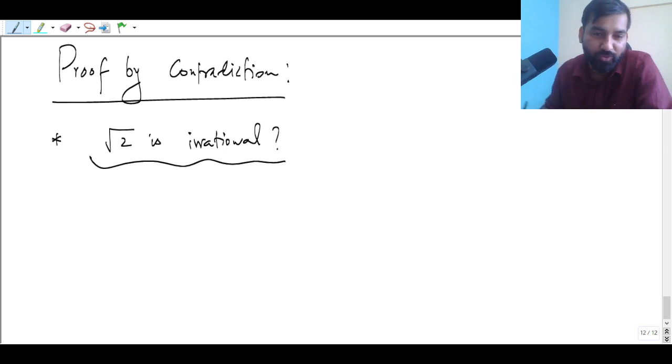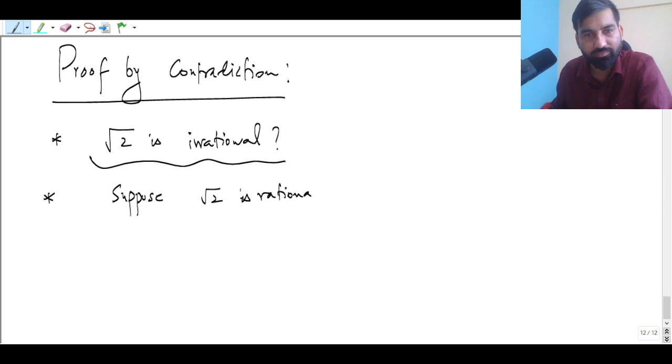So if I start solving this, root 2 is irrational, you have to assume, or suppose, that root 2 is rational. This is your starting point.